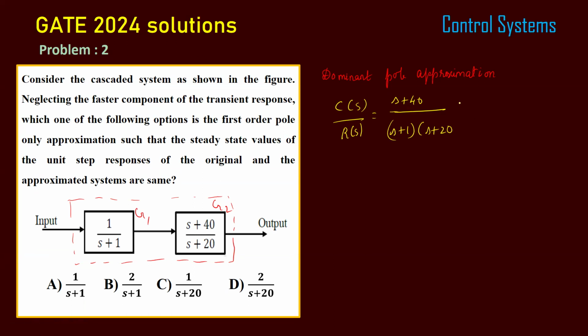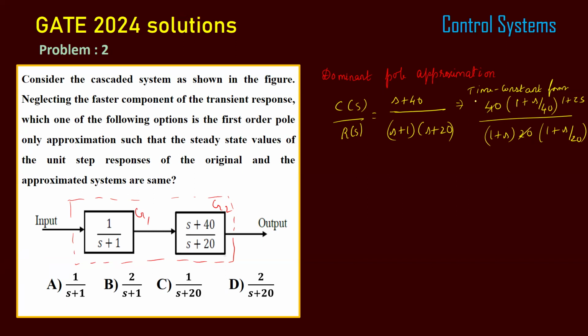So I am going to convert this to time constant form. Then only can we approximate the pole. Time constant form means 1 plus tau S formation. So I am taking 40 outside from the numerator. So this will become 1 plus S by 40, and here 1 plus S, and here 20 I am taking outside, so 1 plus S by 20.